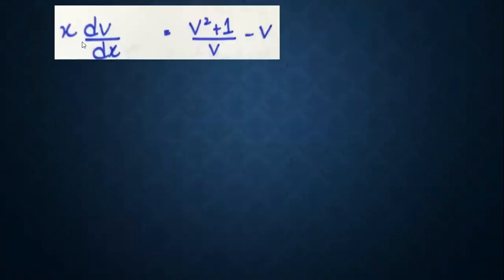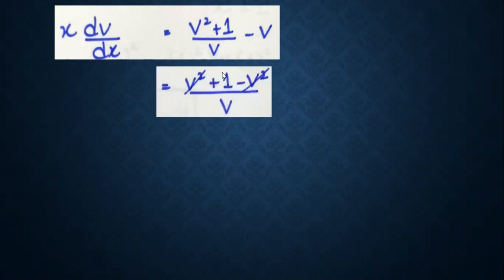Now we are shaping this problem in the form of separation of variables. We put x dv over dx on one side, equal to (v square plus 1) over v, and we take this minus v from this side to the other side. When you take the LCM v, you get v square plus 1 as it is, minus v multiplied by v, which gives minus v square.